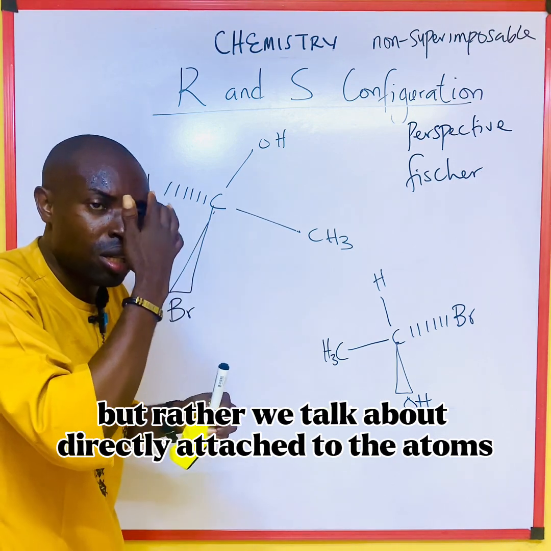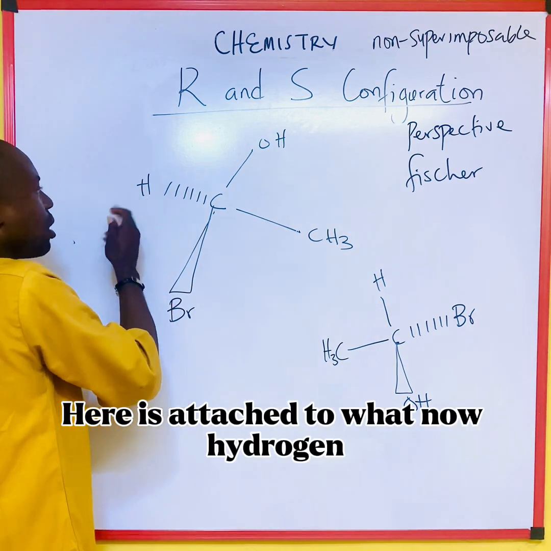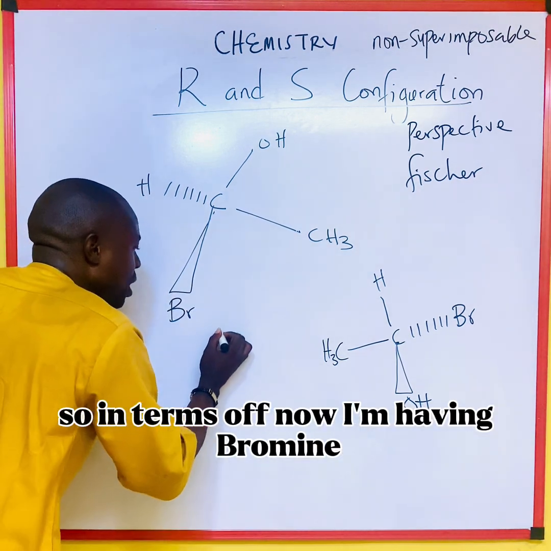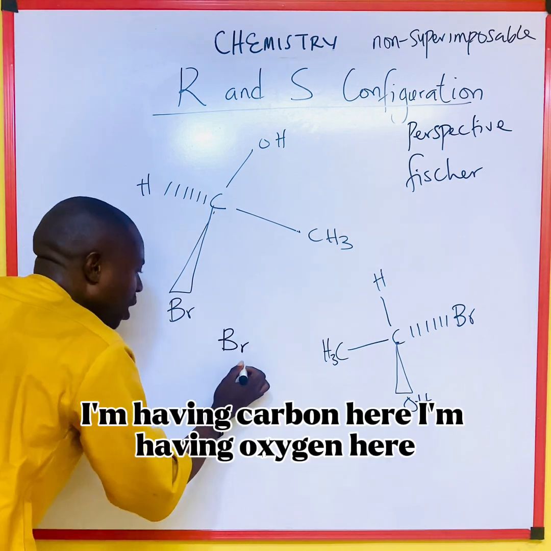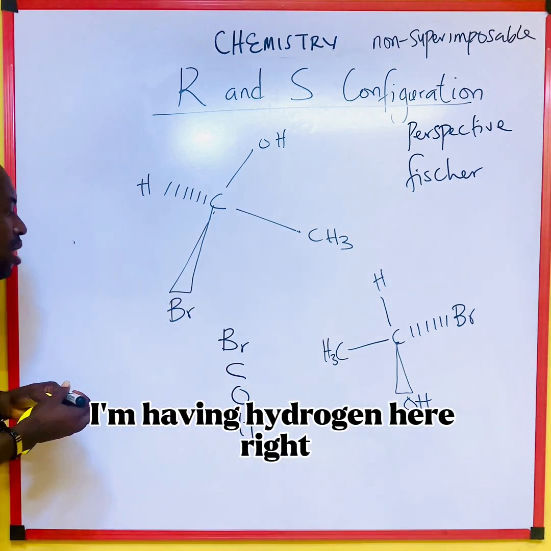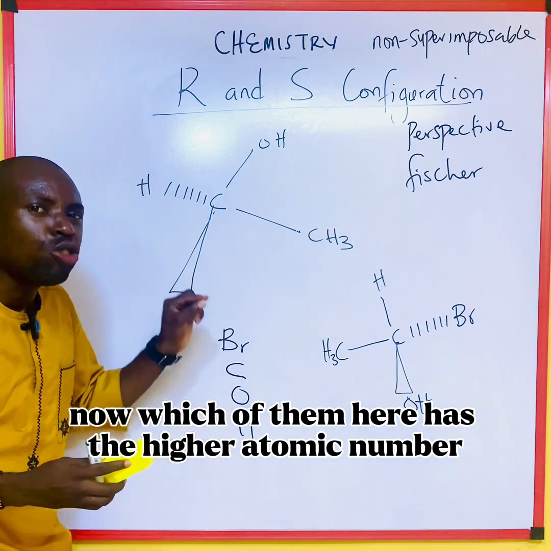So this bond is attached to oxygen. Yes, attached to what now? Hydrogen. So now I'm having bromine here, carbon here, oxygen here, and hydrogen here, right? Now, which of them has the higher atomic number?